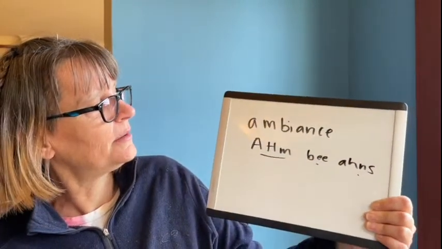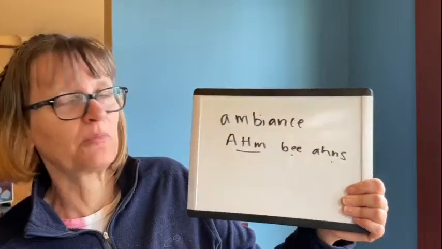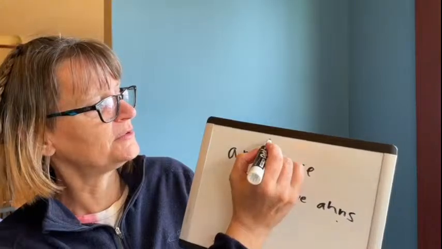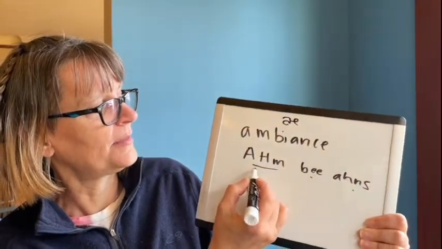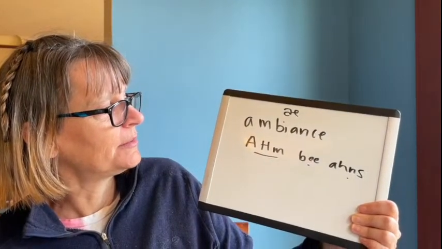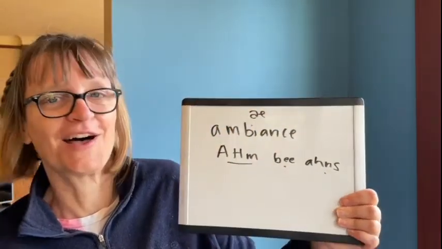And then some people will say ambience, like ambient lighting. So they sometimes will use the flat cat vowel. I would recommend ambiance for this particular word. First syllable stress, ambiance. The ambiance in that restaurant is terrible or nice.